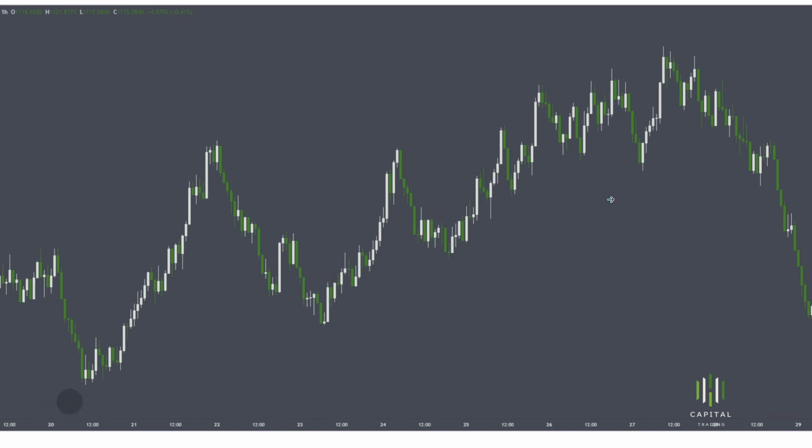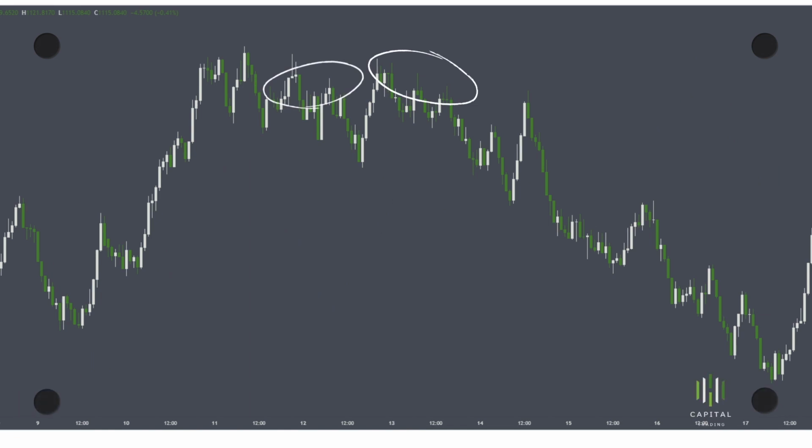An example when you're going short. So what price did here was, if you look at this up close candle, this was our bearish order block. Price came to test it and then it went down. So that means our eye goes to the last up close candle.